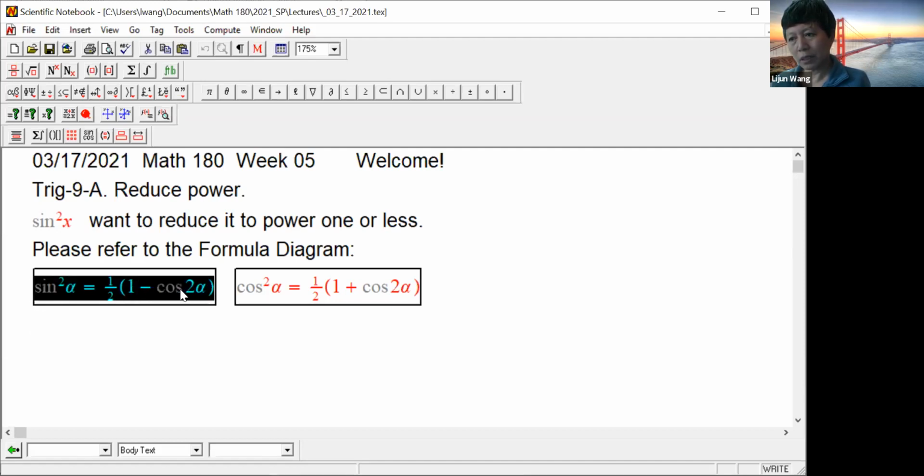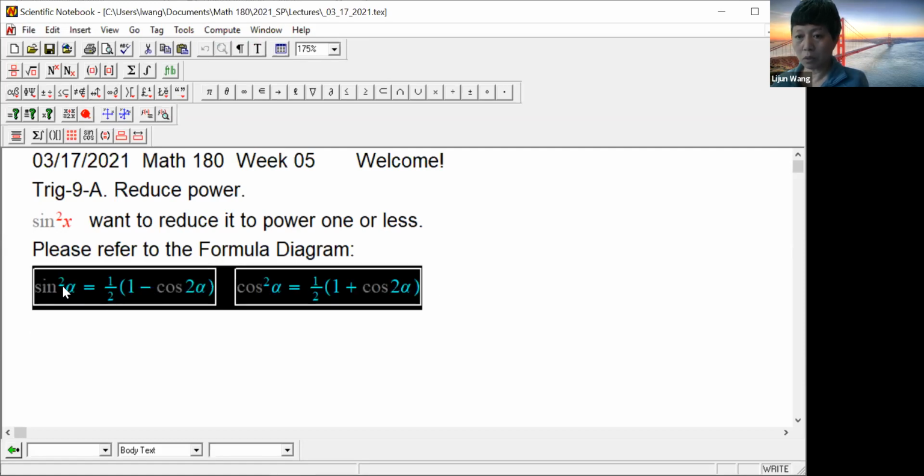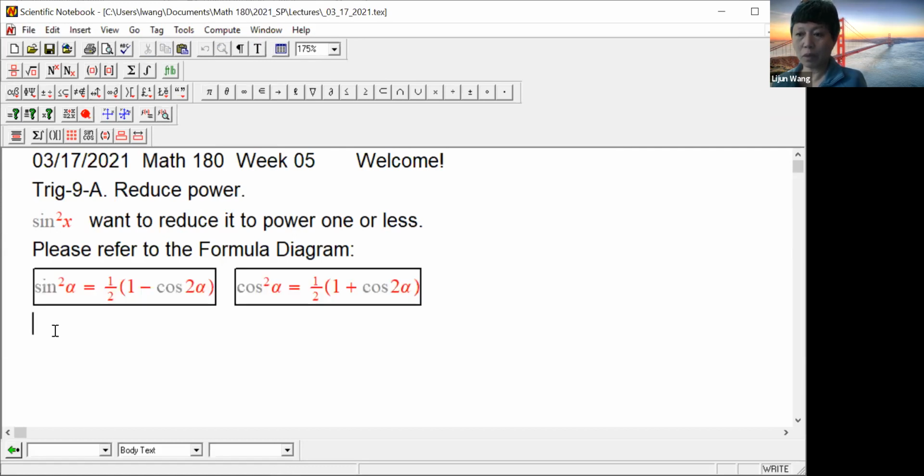These two formula are very, very important. It's not only useful for double angle, that's also how we derive half angle. Why is that? Look, this is sine squared of alpha. On the other side, this is power 0, and this is power 1.